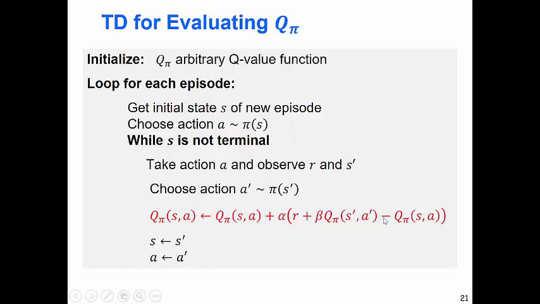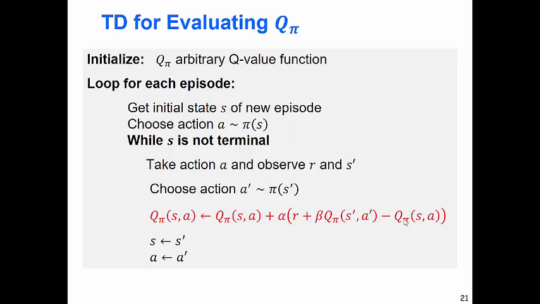And it's the same intuition as for the value update. Right? This is your R plus Q pi S prime A prime. That's your improved estimate of the Q value. And this is your current estimate, and we see this is sort of the error, right? And so this is the same form that we've seen before.